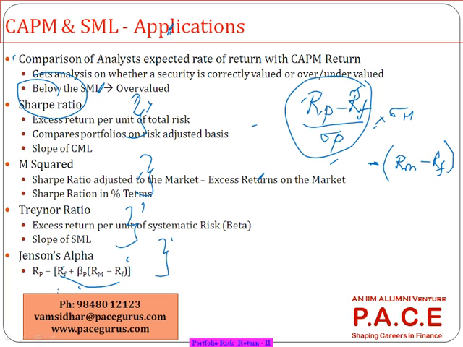Let's say your portfolio has generated 10% return. For the risk-free rate, let's say it is 2%, and the risk of your portfolio is 8%. Now, when your portfolio is having a risk of 8%, it has generated an excess return of 8%. But the market, the index, Sensex, is having a risk of only 5%.